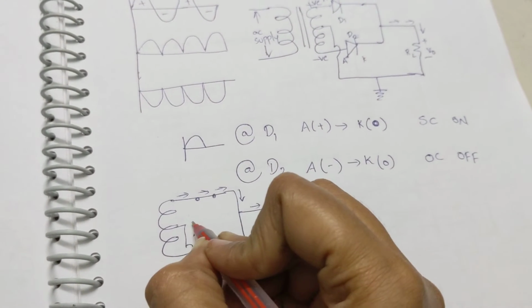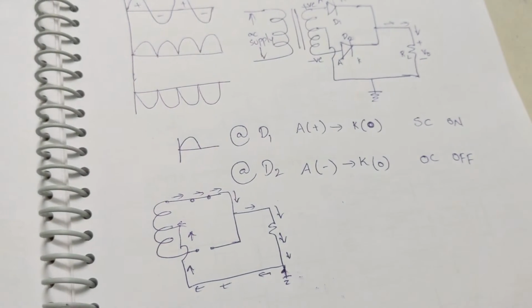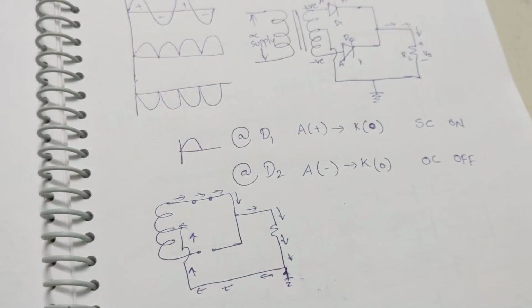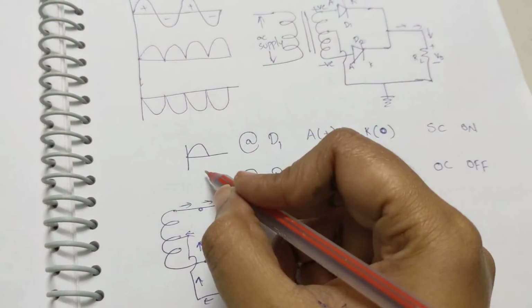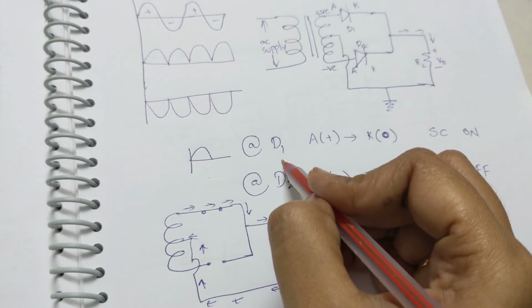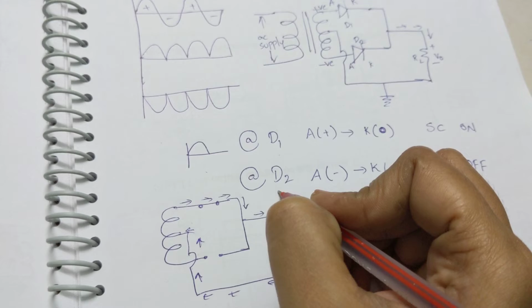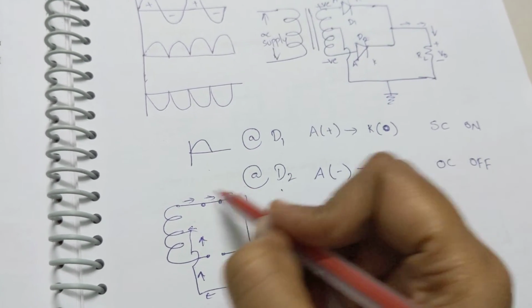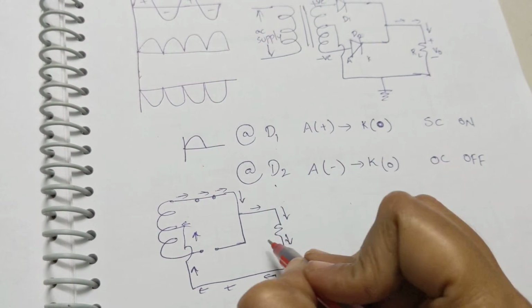So the current will have the closed path. So even at the positive half cycle, diode D1 is conducting, diode D2 is in off condition, and the current will flow through your load resistance.